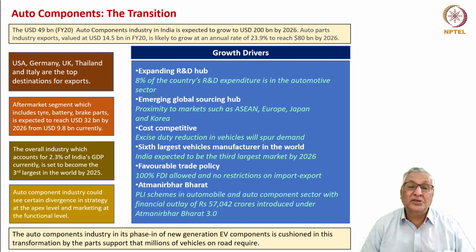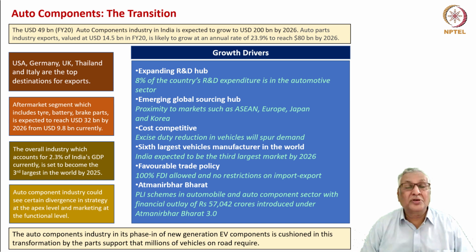We need to be the global sourcing hub for all the emerging and established automobile hubs, including Japan and Korea. We need to be cost competitive by cost of manufacture as well as by the tax structure. We need to become a supplier for the sixth largest vehicle manufacturing country in the world, and we need to have a favorable trade policy.